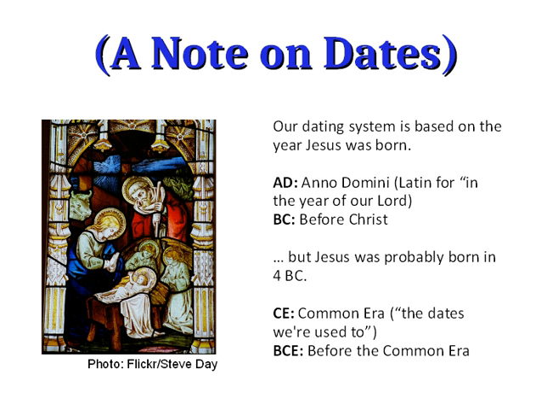Now, one of the problems with that is that our dating system was established by medieval monks who looked at the historical records available to them and the clues that are given in the Bible to try to estimate what year Jesus had been born. But their records were not particularly accurate.